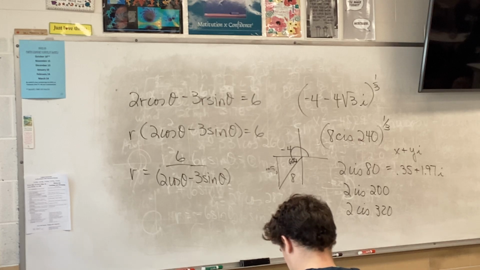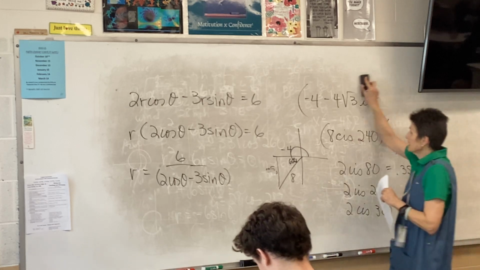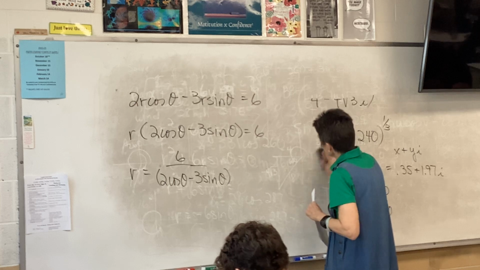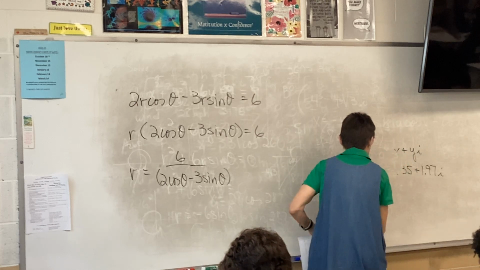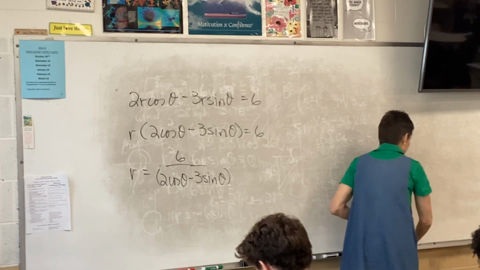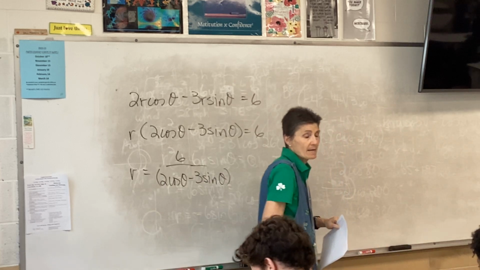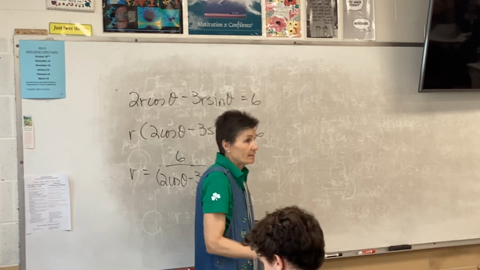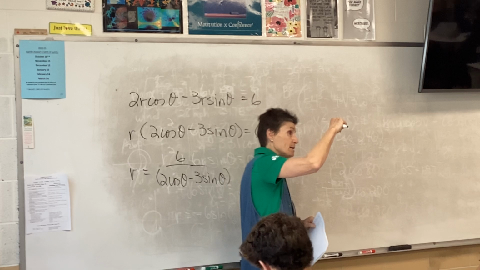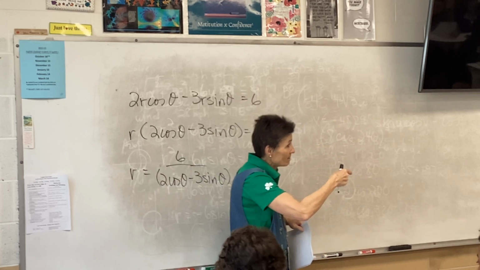It means the conjugate. And in polar form, what did we sort of discover about the conjugate? R stays the same, and the angle becomes negative. So instead of going up 3, we go down 3, right?